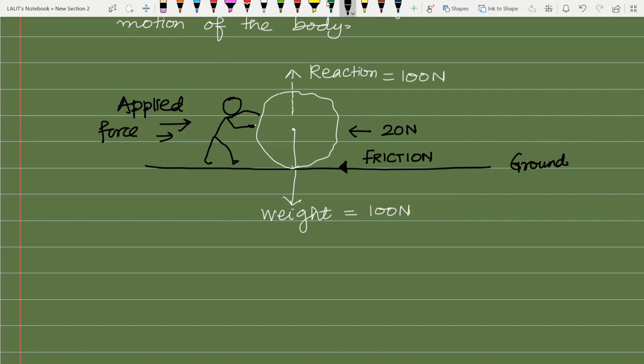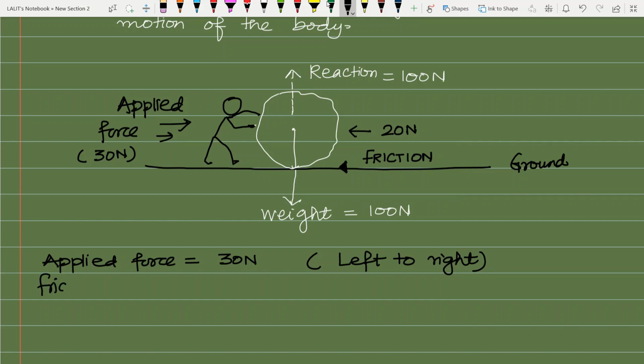Let us say the applied force is 30 Newton from left to right, and frictional force is 20 Newton from right to left.